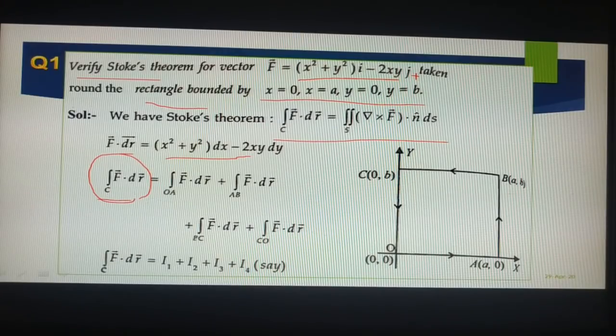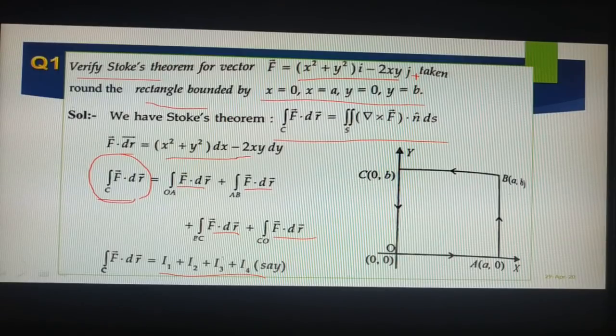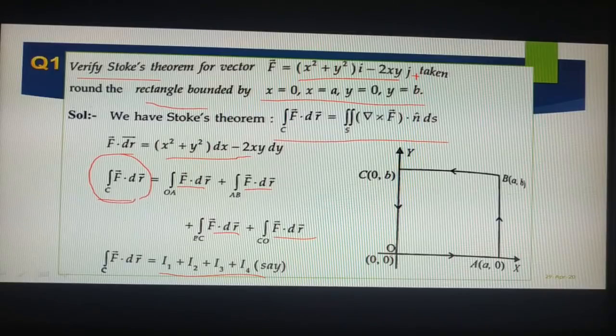Same thing. And I am representing these points as O, A, B, C. So along OA, I have to find f bar dot dr, then AB, BC and CO. If I evaluate all these four integrals, then I will get the length of this curve along these four lines.